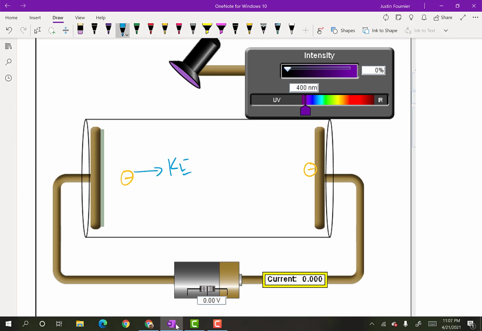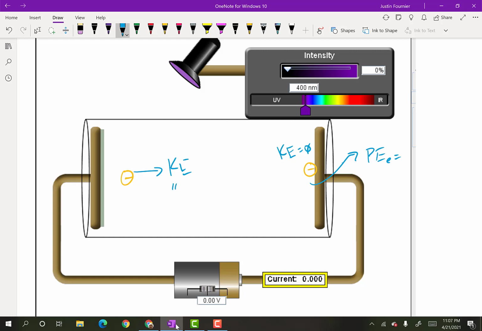So essentially we say that the kinetic energy is equal to 0, but it now has electric potential energy. The electric potential energy is whatever the kinetic energy was when it got shot out.